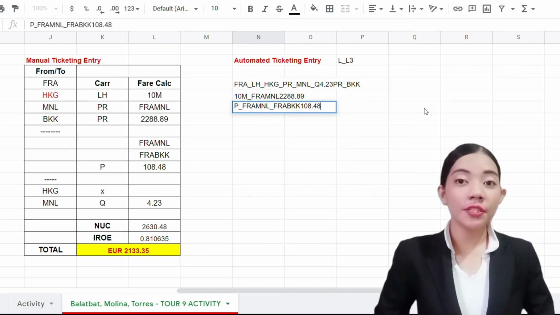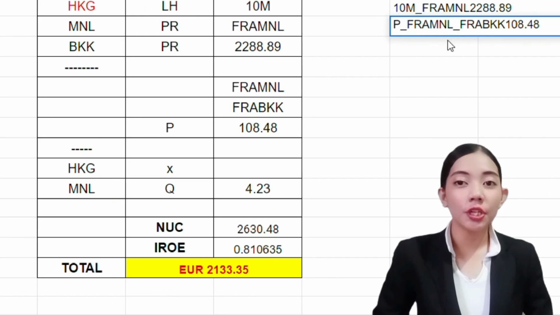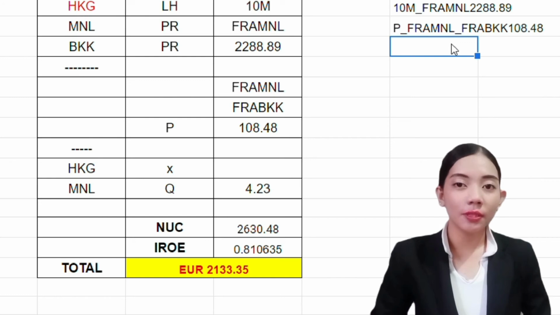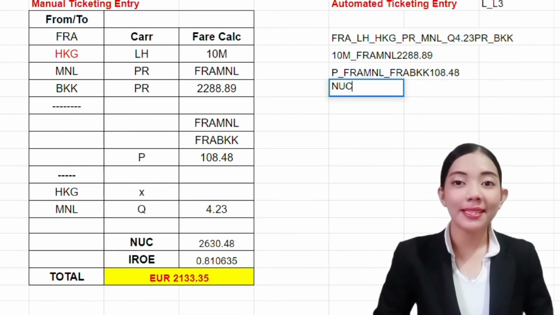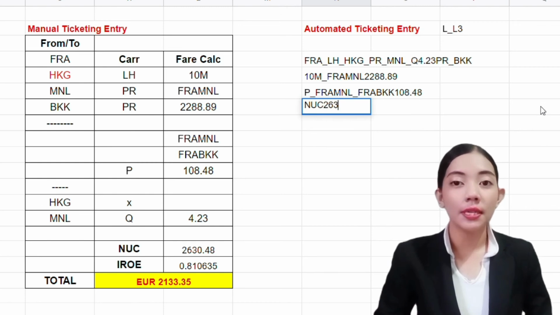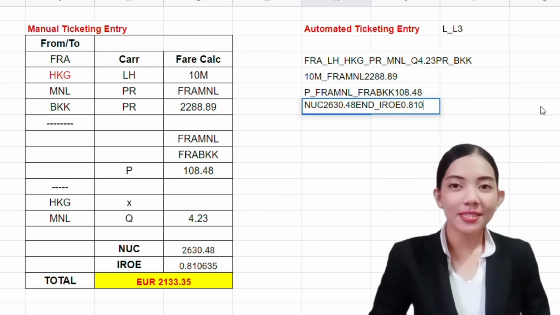We no longer need to include in our automated ticketing entry the HKG MNL and Q tax section since we already included it earlier. With that, we continue the automated ticketing entry with NUC of 2630.48 and of course the word and then space IROE of 0.810635.